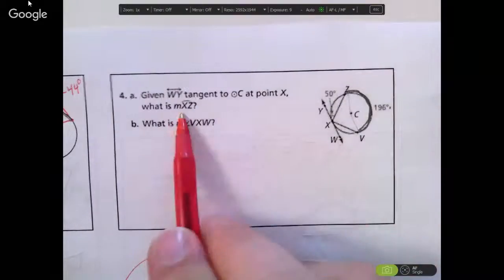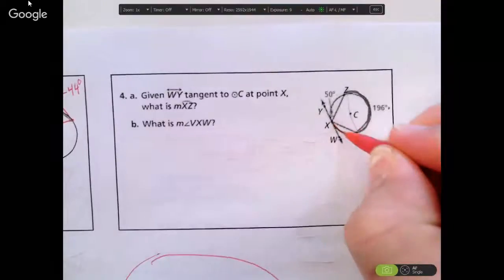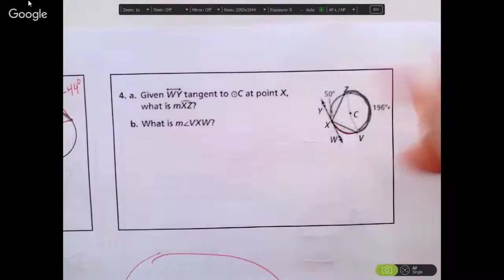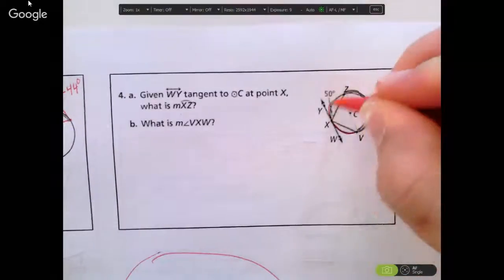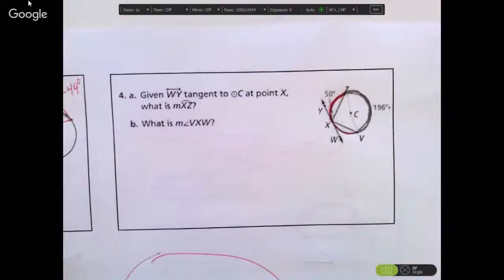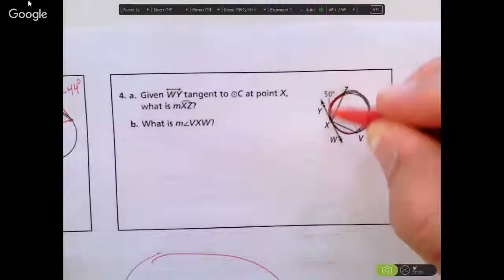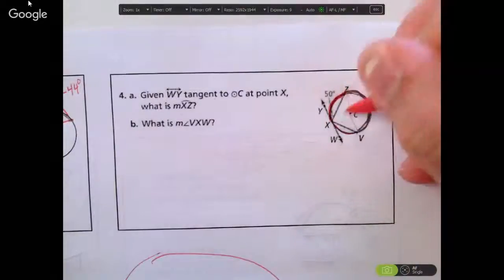So this is asking for the measure of this. No, I lied. It's this way. Sorry. That is the same thing as the central angle, but they want to know basically the angle.